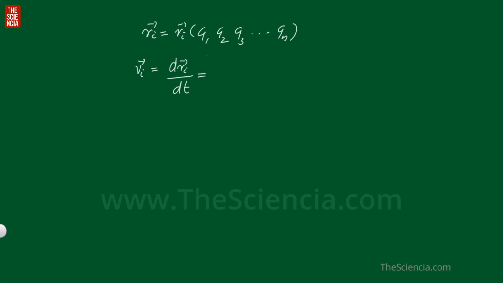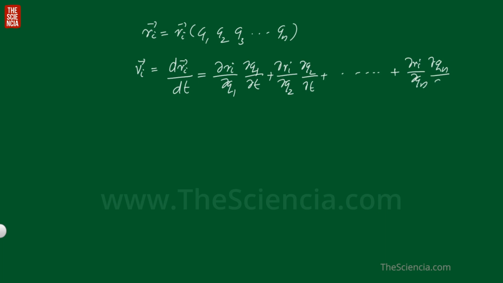So here we want to take the partial derivative, that is dou ri by dou q1 times dq1 by dt, plus dou ri by dou q2 times dq2 by dt, plus etc., plus the last coordinate, that is dou ri by dou qn times dqn by dt.